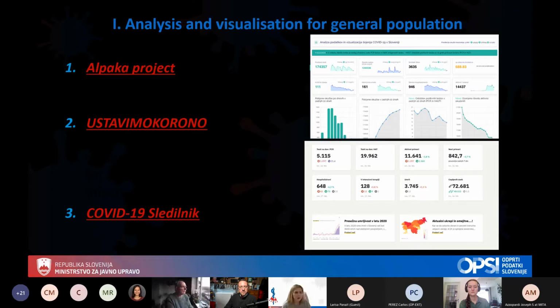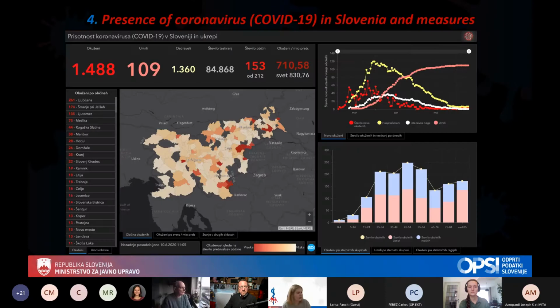And the fourth one, we also have the presence of coronavirus in Slovenia and its measures. This is an interactive dashboard, and it was developed by a company, GDI, and it's actually available free of charge. It displays the statistical data for regions and municipalities, which Slovenia has 212. And it displays the number of infected, the dead, the cured, and tested.